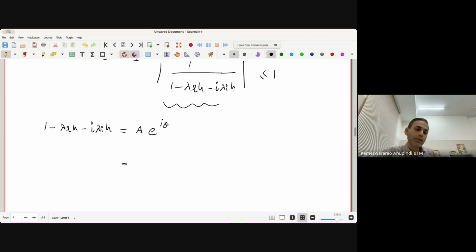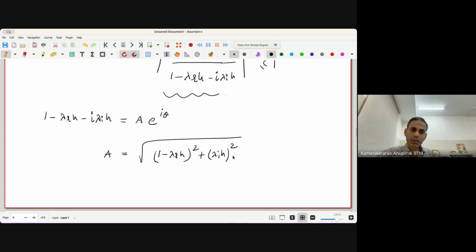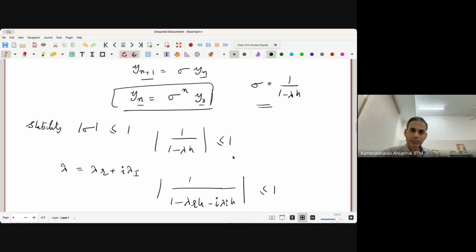What is A? A is the magnitude of this, where A equals the square root of real square plus imaginary square. That means the square root of 1 minus lambda R h whole square plus lambda I h whole square, right?